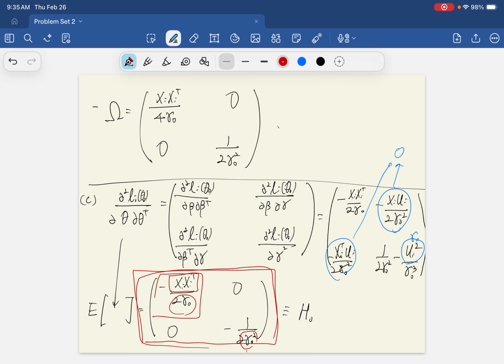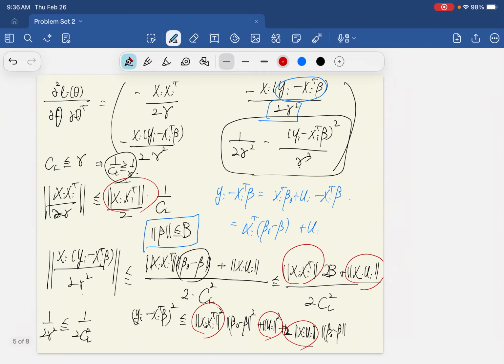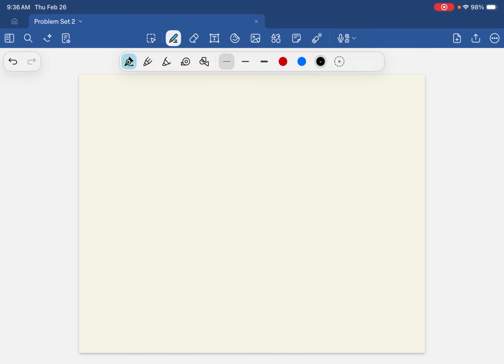So each diagonal block is invertible. So then the whole matrix is invertible, right? I'm using the lemma that if you think about this kind of matrix A with blocks A1 and A2, then A inverse is A1 inverse and A2 inverse. So that means if A1 inverse and A2 inverse exist, then A is also invertible.